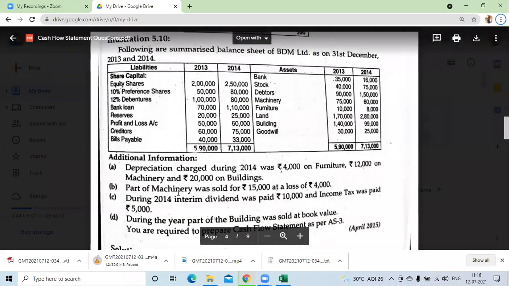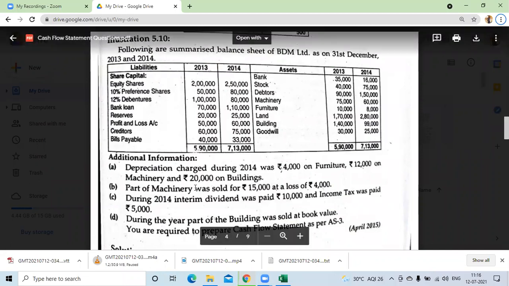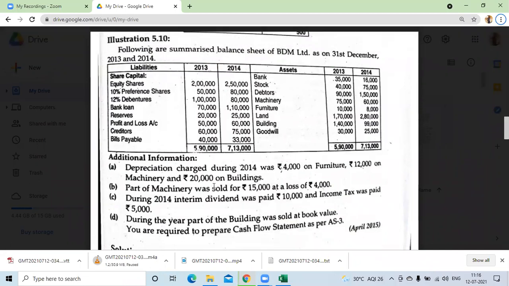The next adjustment is part of machinery was sold for 15,000. I don't want the cost. I want the selling price only. So what is my selling price? 15,000. Do you understand that? So tell me, when you sell the machinery, where will you post it? In the credit side of the machinery account.